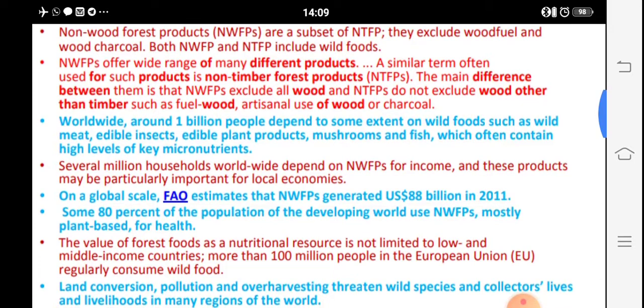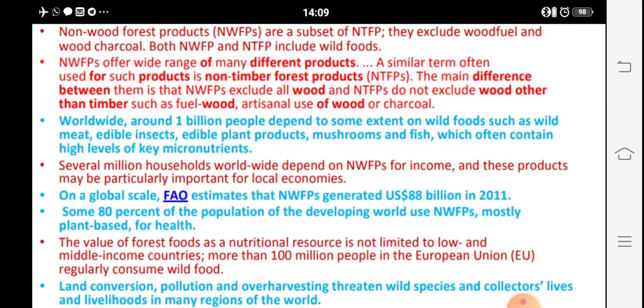So therefore there is a range of many different products which are termed similarly, and these differences generally exclude the wood portion, and therefore exclude not only the wood but also other timber, such as that used for fuel or artisanal use or for charcoal.